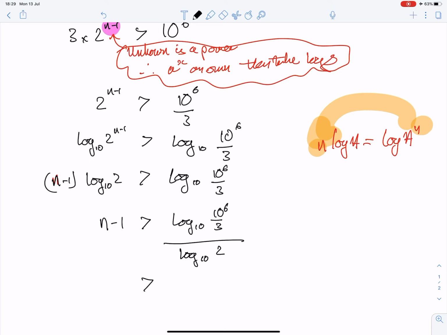It's just in terms of me working it out in my head. That's the same as log to the base 2 of 10^6 over 3. Well, 10^6 is roughly 2^20. So if I'm dividing by 3, it's going to be just over 18, around 18. Tap it in the calculator, see what we get.